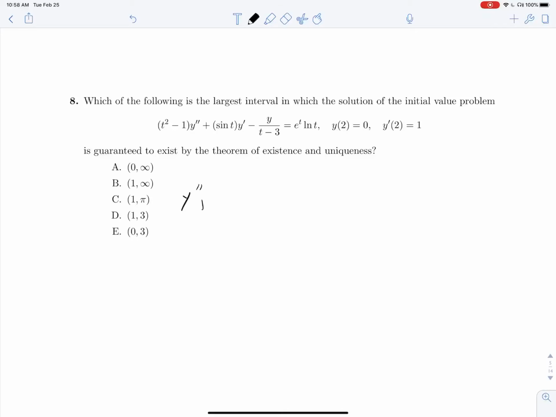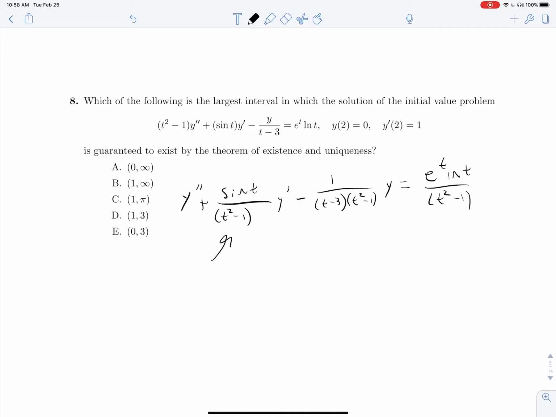So y double prime plus sine t over t squared minus 1 y prime minus 1 over t minus 3 over t squared minus 1 y is equal to e to the t ln t over t squared minus 1.